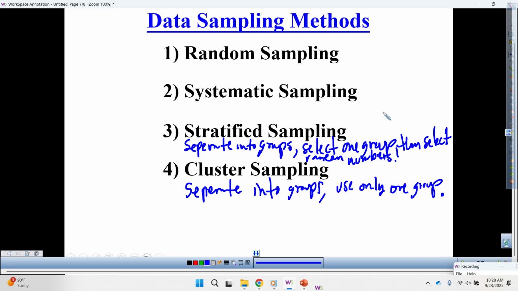Okay. Let me do a second example just to make sure we got it. Here goes: 1, 2, 3, 4. 1, 2, 3, 4. All right, so definition. Think about it. Tell your neighbor, if you were to explain to someone, what is systematic sampling? What would you say? Create a system. Okay, hold on. Create a system.